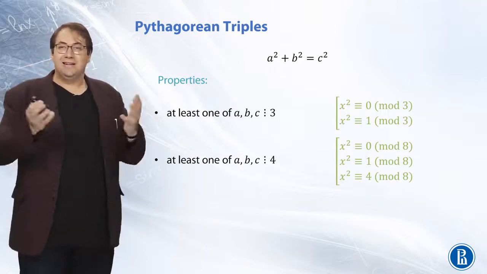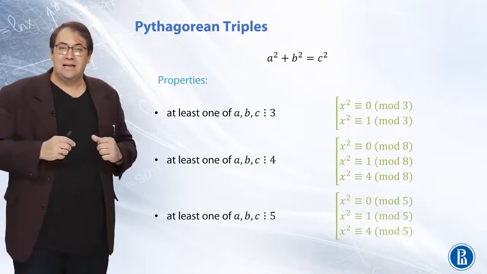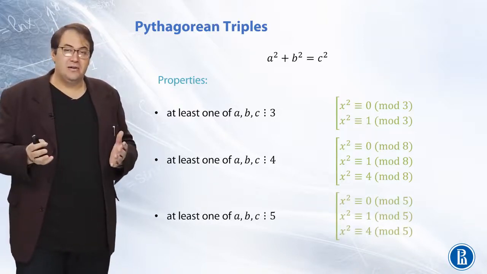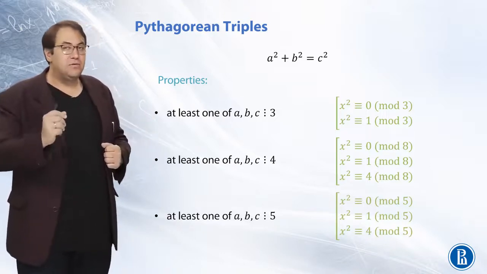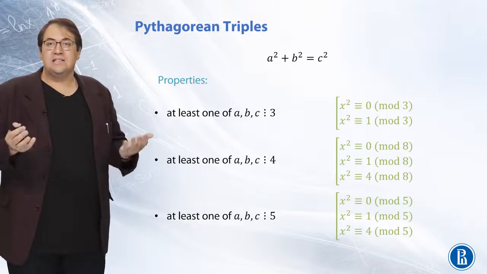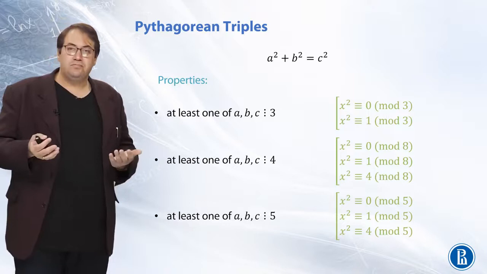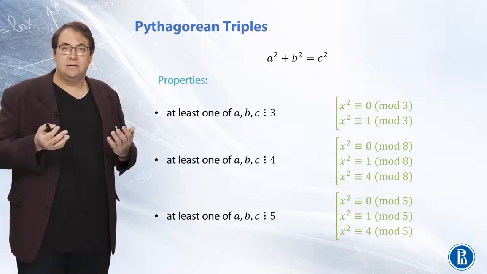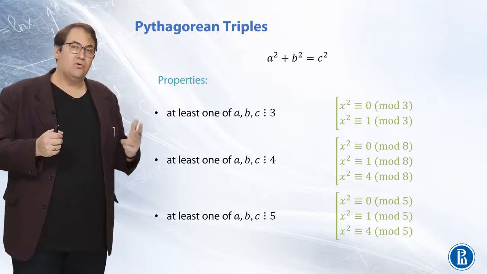So at least one of the integers a, b, and c must be divisible by 4. And the last property in this video is about divisibility by 5. We will show that at least one of a, b, and c must be divisible by 5, considering remainders modulo 5. Once again, the possible remainders of squares modulo 5 are 0, 1, and 4.